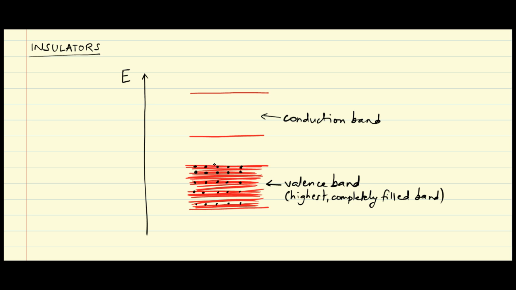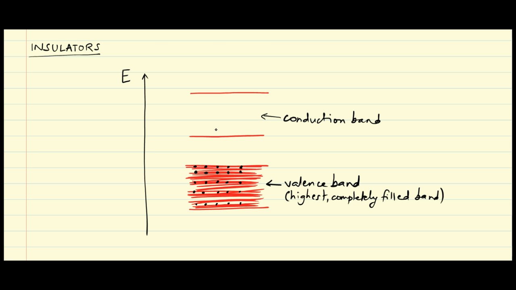Now recall that to participate in electricity conduction, an electron must move up in the energy band a little bit, because the electrical field provides it a little bit extra energy in the form of kinetic energy.